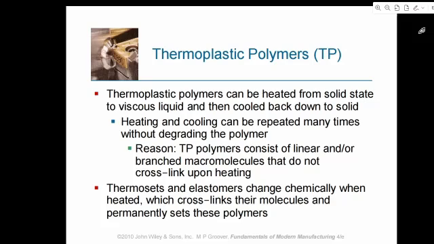The thermosets and elastomers now, when you heat them, they can react chemically and the reaction results in more cross-linking of the molecules, which results in a permanent set of these polymers. Once they are permanently set, further heating can cause degradation or charring.